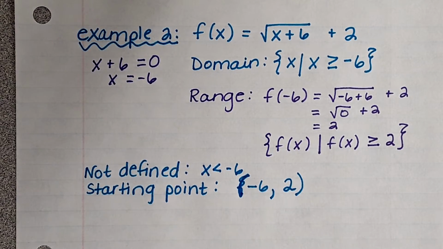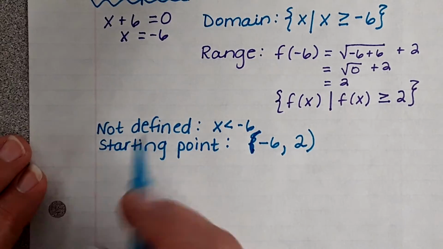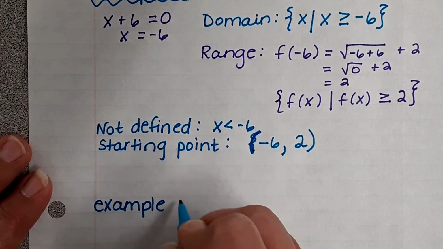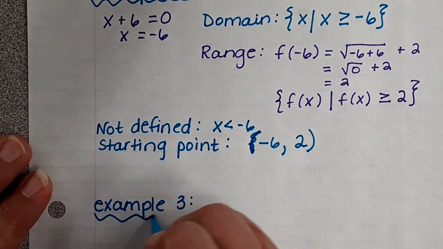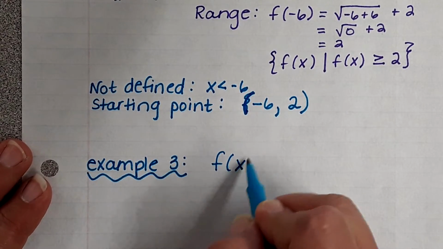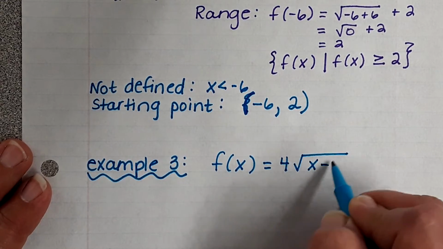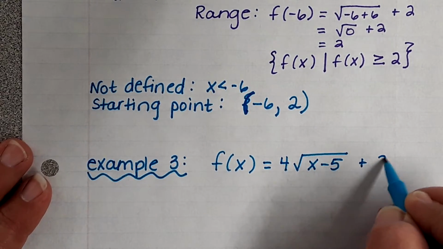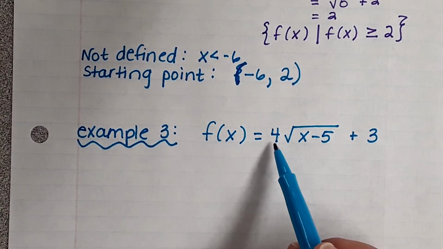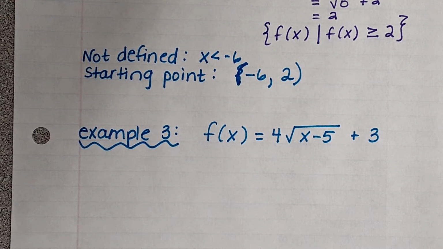Tomorrow, we're going to focus on that graphing. Okay, so now we're going to do example 3. Example 3 is going to be f of x equals 4 square roots of x minus 5 plus 3. Now there's a 4 in front, x minus 5 plus 3, and we're going to look for that domain.